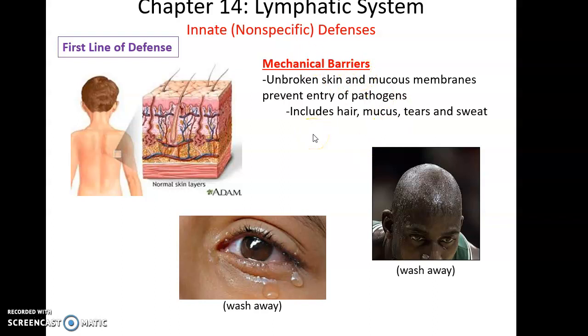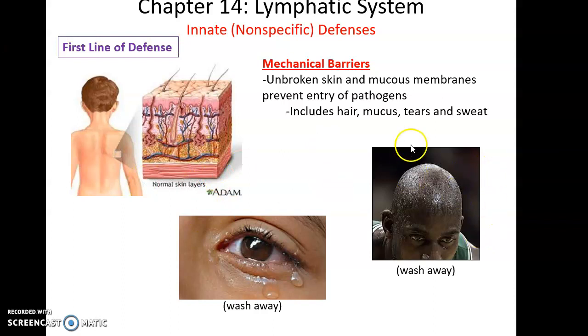Then there are mechanical barriers. The best one is unbroken skin. So our skin is a great barrier to prevent pathogens from invading our body. Also, the skin has hair, which can provide a little bit of protection. Our mucous membranes lining our eye, nasal cavity, oral cavity, anal cavity, etc. also provide a mechanical barrier, although they're not as effective as skin.